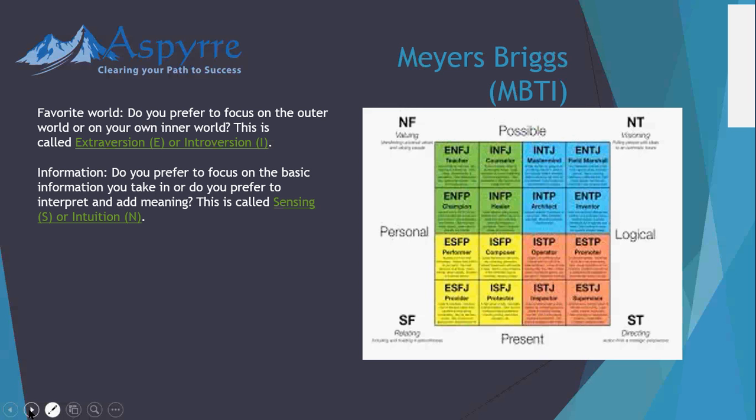The second dimension, which is N or S, is how you take in information. Do you like to take in information through your senses, what you can see, taste, smell, more facts, things that are solid? Or do you like to interpret and add meaning and get most of your information from inside?